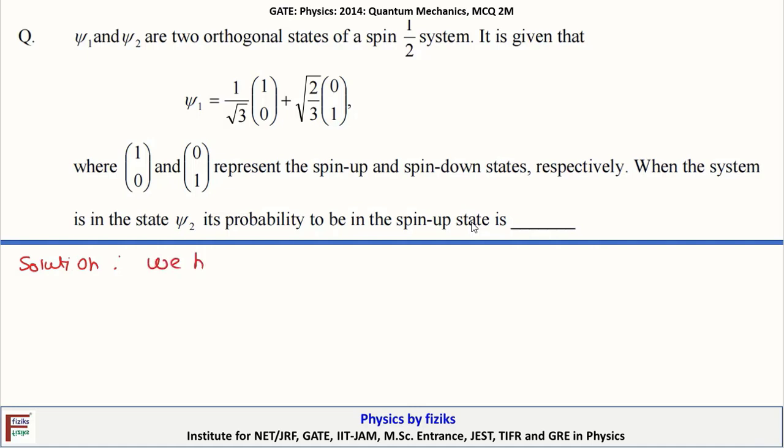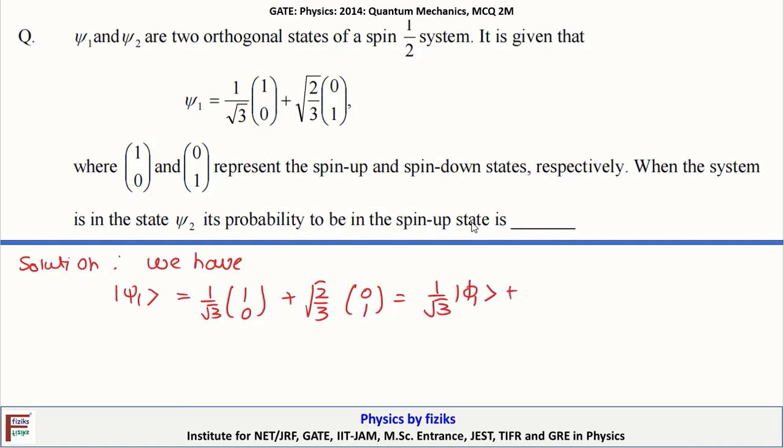We have ψ1 equals 1/√3 (1,0) plus √(2/3) (0,1), which can be written as 1/√3 φ1 plus √(2/3) φ2, where we have defined φ1 as (1,0) and φ2 as (0,1).